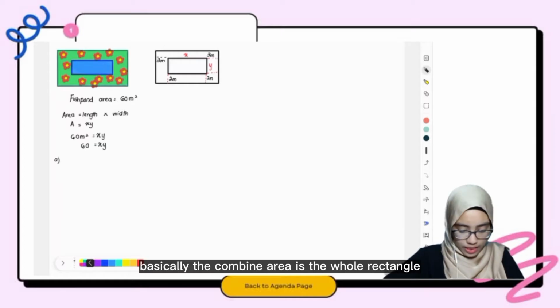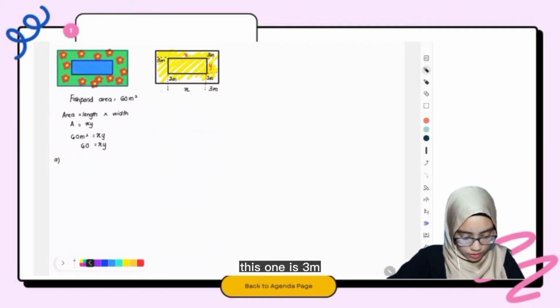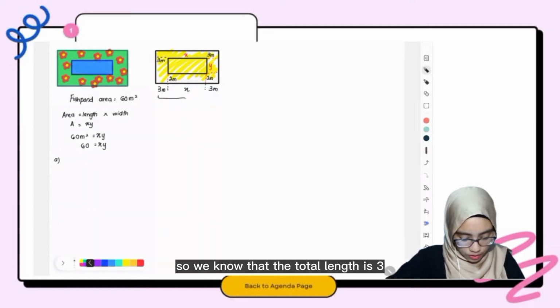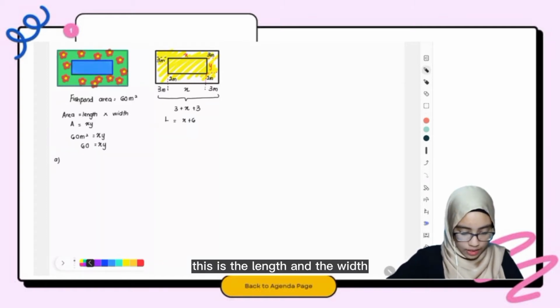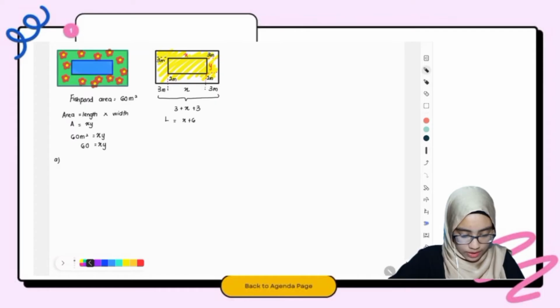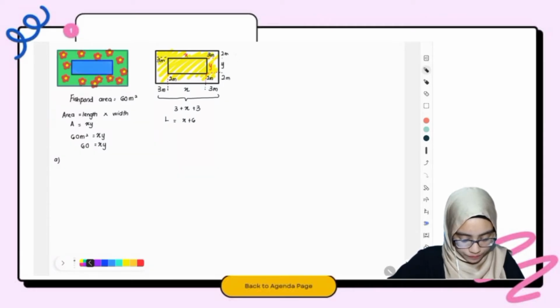Basically the combined area is the whole rectangle. This length is x, and then this one is 3 meters, and this one is 3 meters. So the total length is 3 plus x plus 3, which equals x plus 6. And for the width, this side is 2 meters, this one is y, and this one is 2 meters.